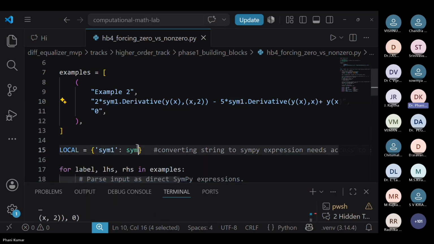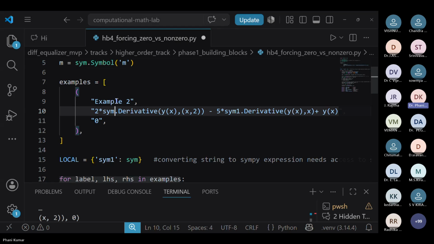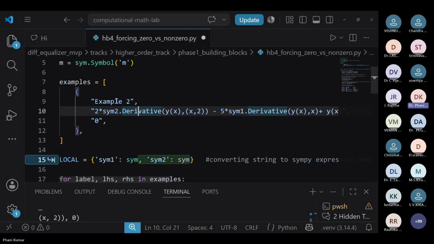We can use whatever here. Sim as sim1 or sim2, whatever. If we are not representing that as a local, we can get an error, right? Suppose I am giving that also. If I am not representing it as a local, directly it is taking it as sim.